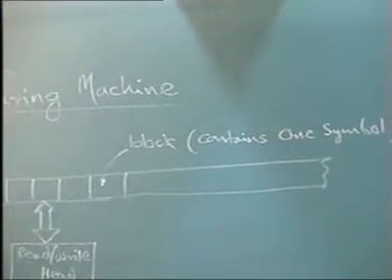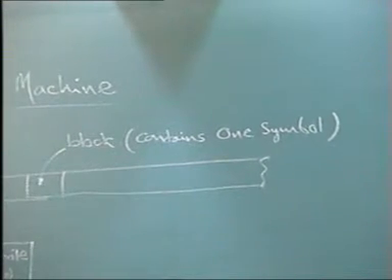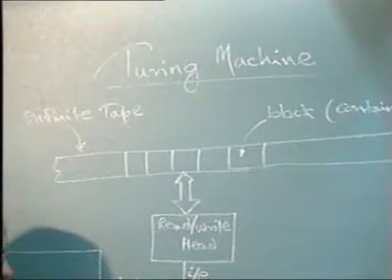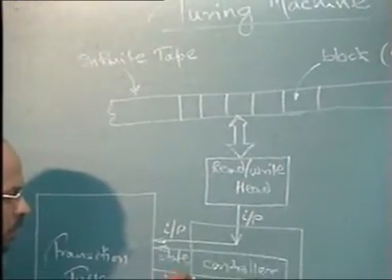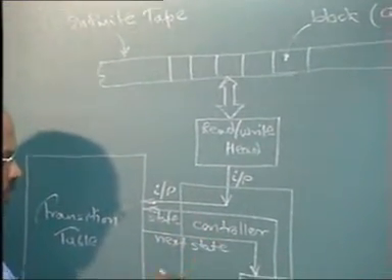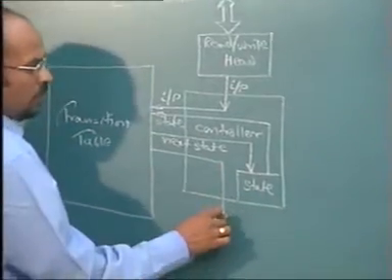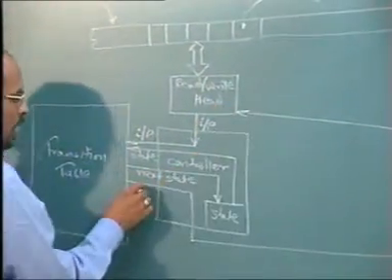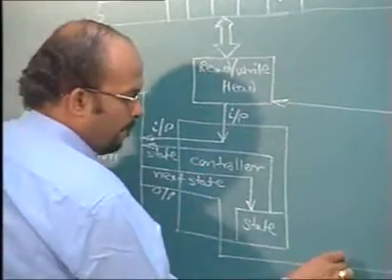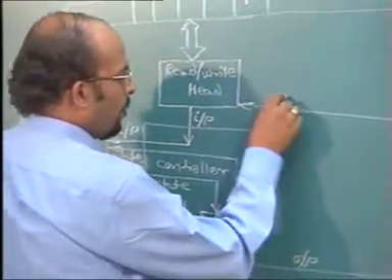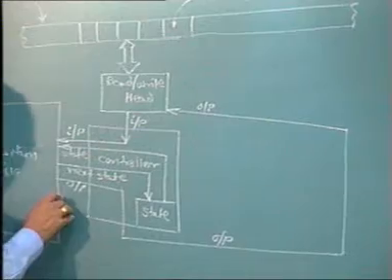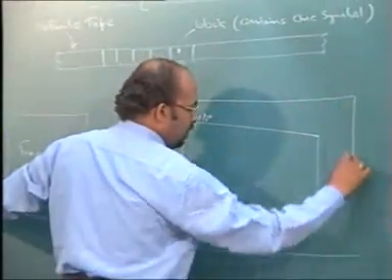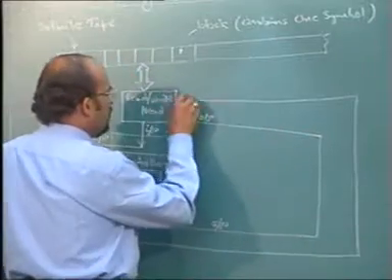And that input and the state will be passed on to the transition table, which will in turn give us the next state, the output symbol, as well as the direction in which the head should move.